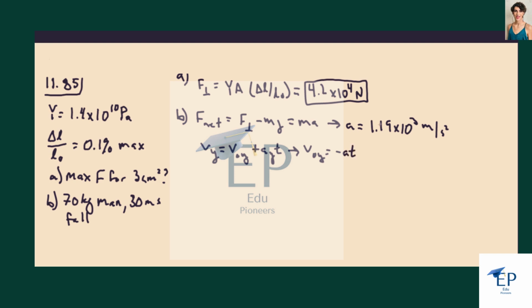This acceleration is in fact negative because he's accelerating downwards, so the two negative signs will cancel. So this is 35.7 meters per second. So this is how fast he's going when he hits the ground.